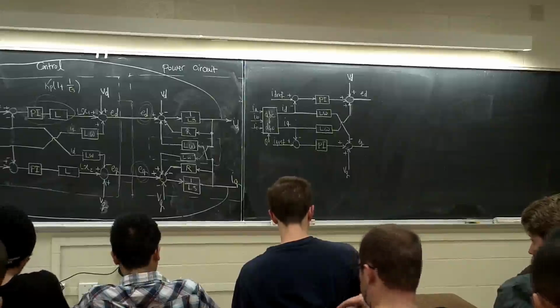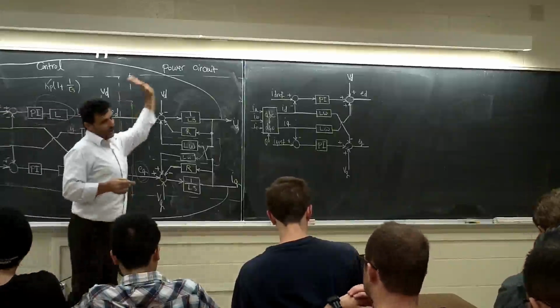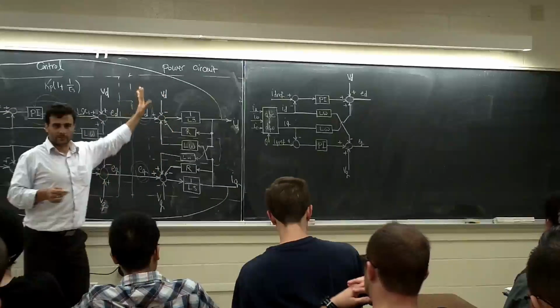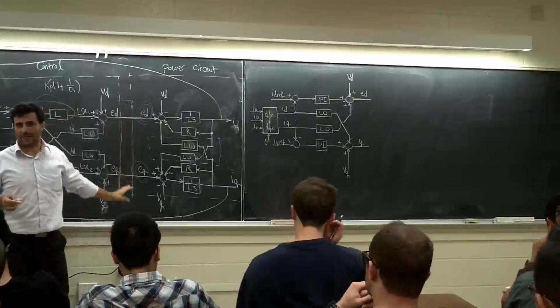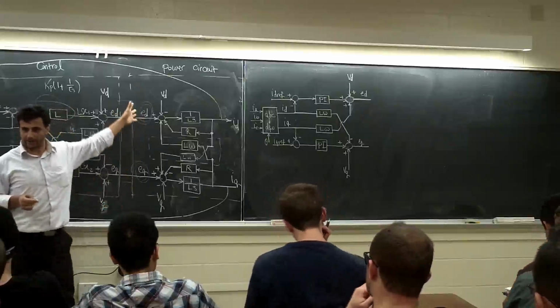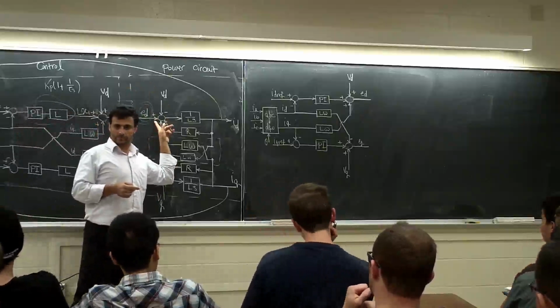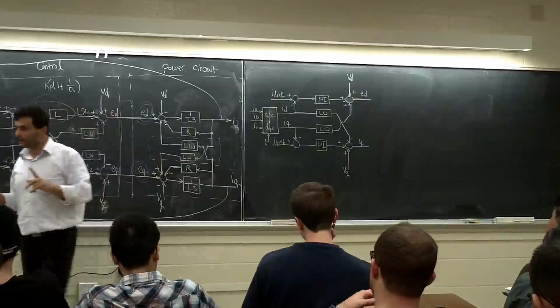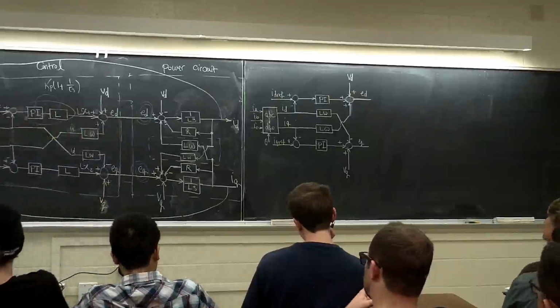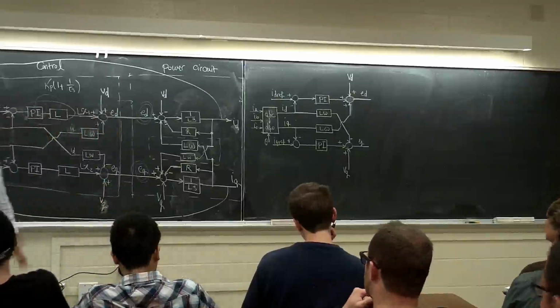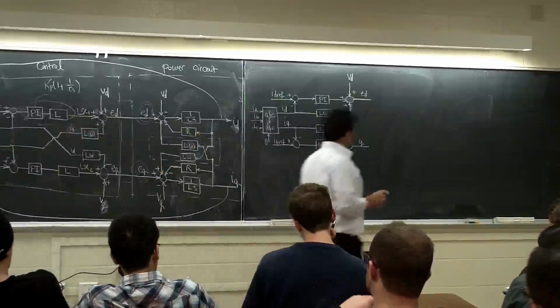In this system, I assume my inverter is ideal. Whatever I want here is my math calculation from my control, and this inverter is going to generate it. But in reality, I have to go through the PWM to build this voltage, right? Now, I have this EDEQ.